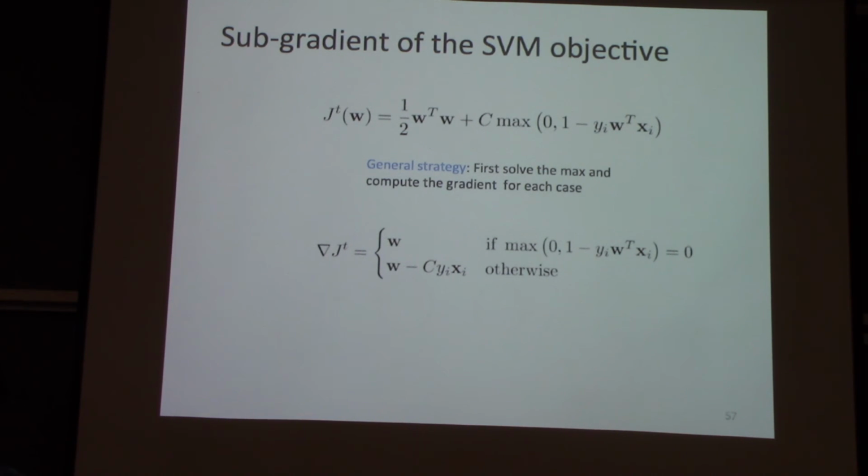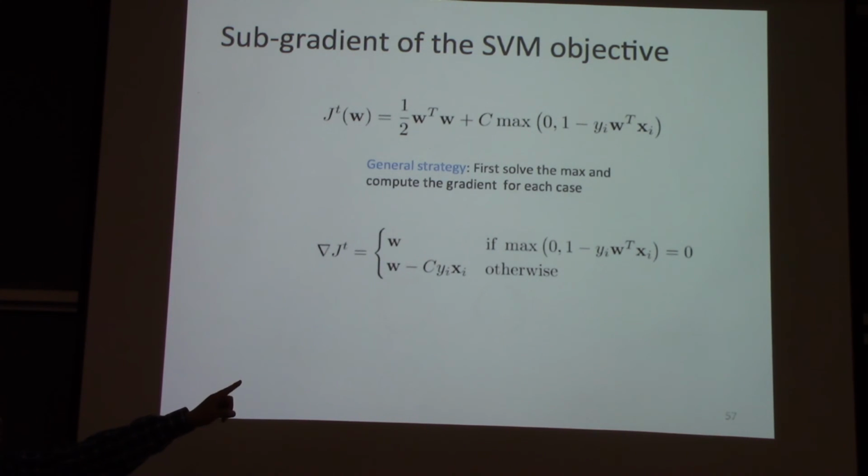The gradient for each case is a subgradient for the overall max function. Let me repeat that. The max function has two components. We separate the two cases and solve the gradient for each, because each piece is smooth, so it is differentiable. The gradient for each piece gives us the subgradient for the overall max function. So the subgradient for the overall max function has two cases.